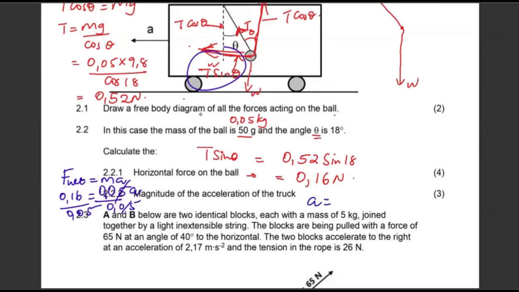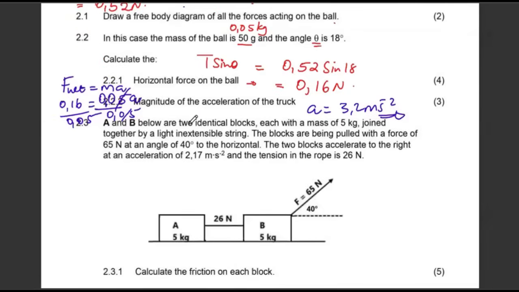When I punch 0.16 divided by 0.05 into my calculator, I'm getting 3.2 meters per second squared. So that is how we calculate the acceleration of that body.